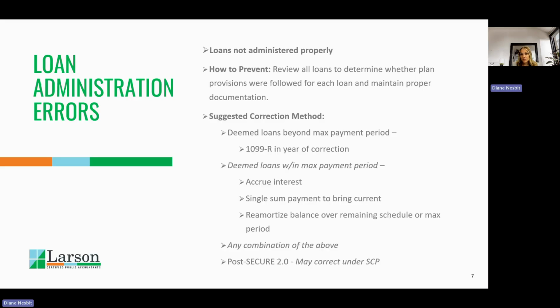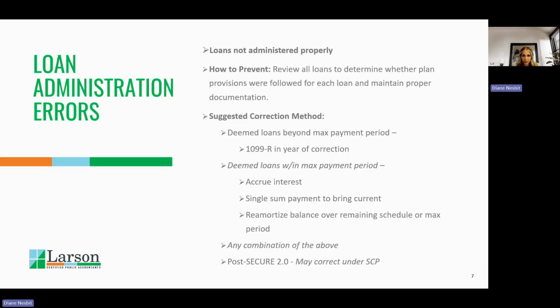So how to prevent: make sure that all loans that are outstanding follow the plan provisions and maintain proper documentation for each loan. Another example of an error on loan administration that's kind of common is if the plan document requires that there is approval from the spouse before the plan loan is taken out. If that spouse approval wasn't obtained, that would be a loan administration error.